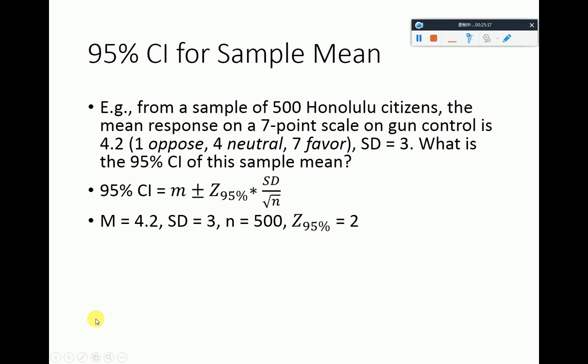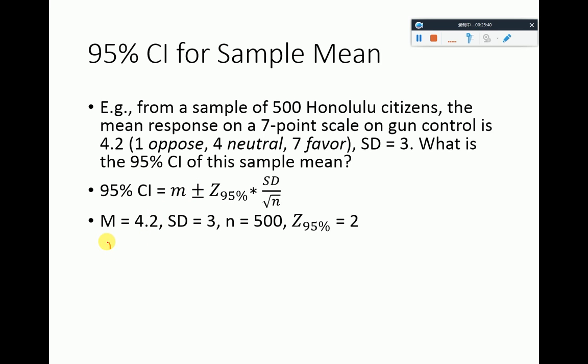Here is what we know. The sample mean M is 4.2, SD is 3, the sample size is 500, and the z-score associated with the 95% confidence level is 2. Now we have everything, so we can plug in the numbers and start the calculation.